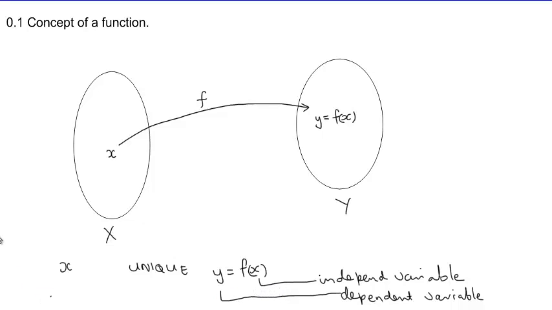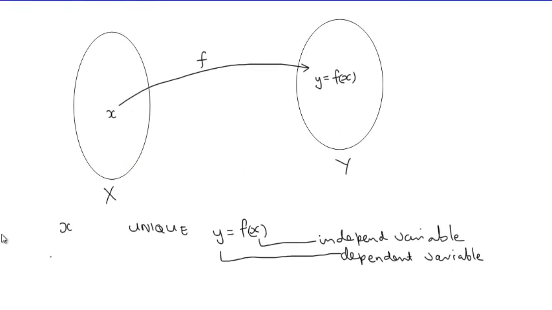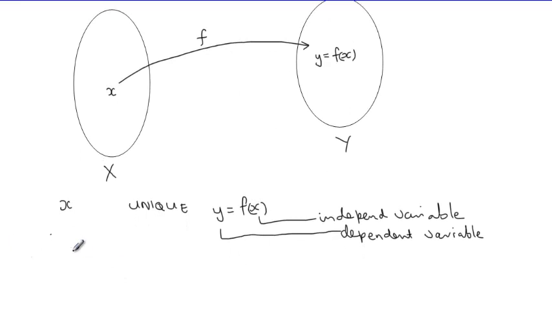And sometimes we talk of f mapping the set x to y, and we need to note here that x can be taken as the domain of the function f, which you can write briefly as D sub f.